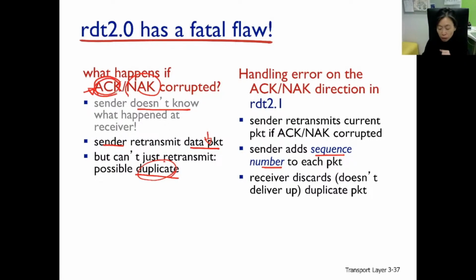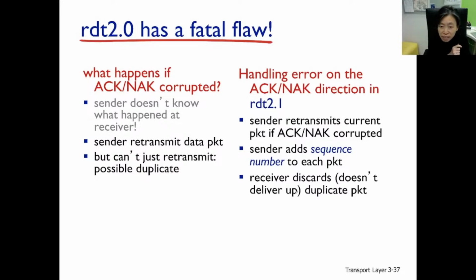So unlike RDT 2.0, the sender will just retransmit the current packet in case the feedback is corrupted. But the packet is going to carry a sequence number that will allow the receiver to tell whether this is a duplicate or not. In case the receiver detects it's a duplicate, it would discard the duplicated packet. And this is RDT 2.1.